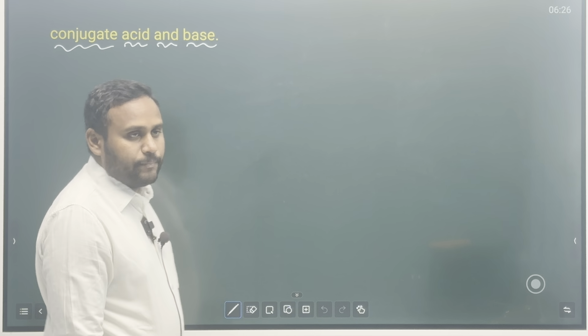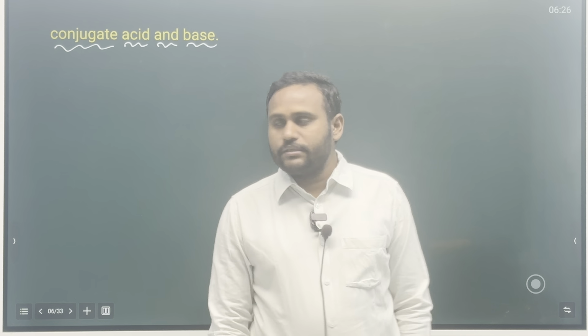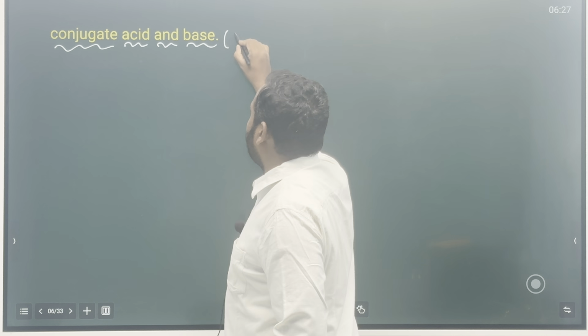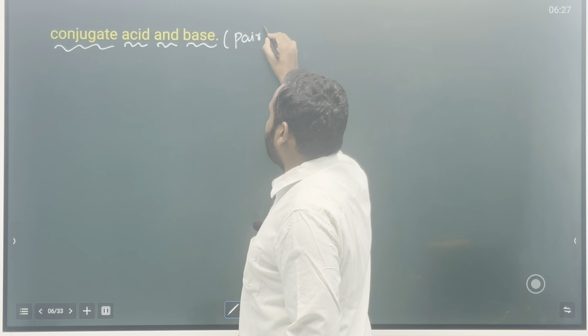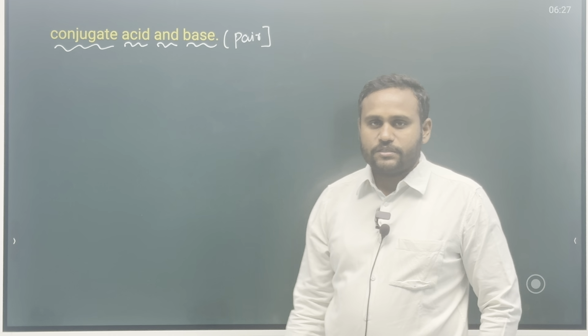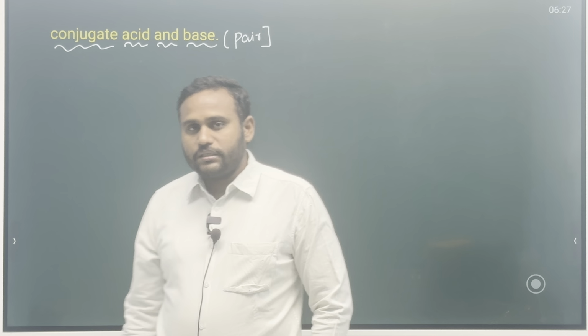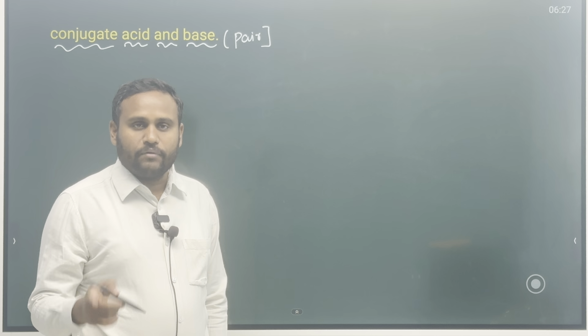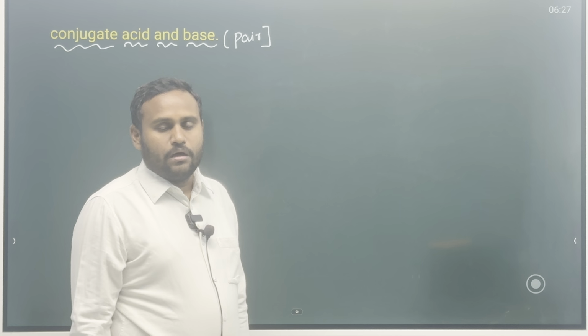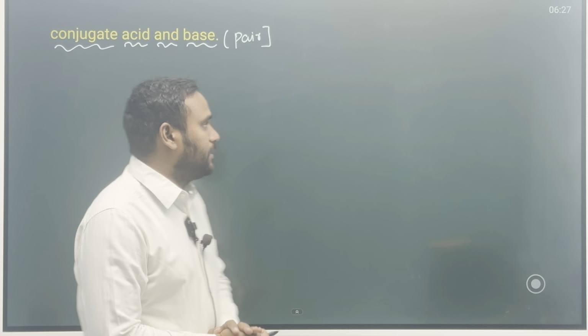Next you will see conjugate acid and base. What is a conjugate acid base pair? The acid and base having only one proton difference are called what? Conjugate acid base pair.